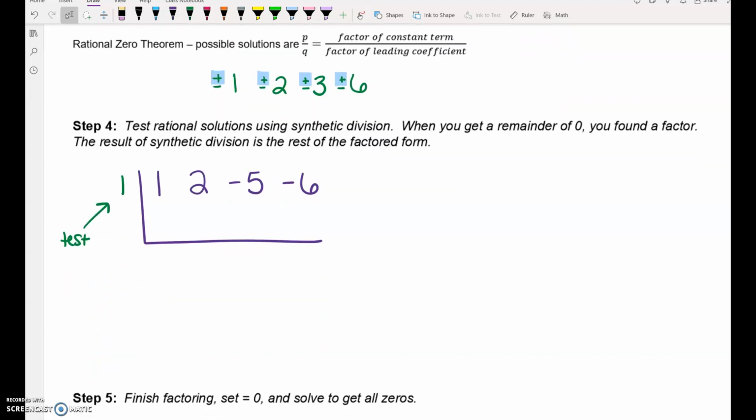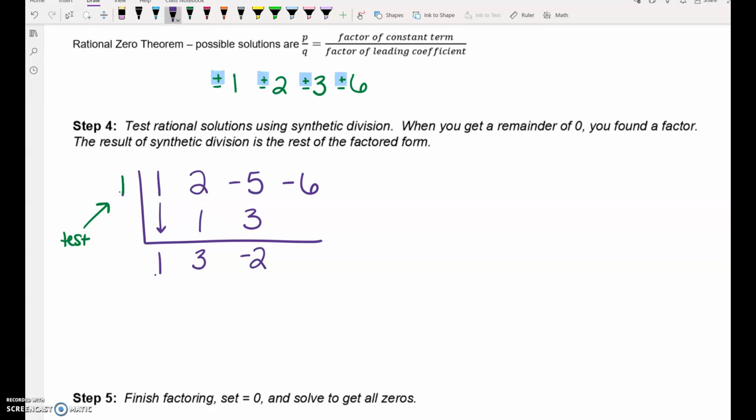Okay, synthetic division. Drop your first number down. Do you remember the steps for synthetic division? Multiply the 1 times the 1 to get 1, and then add. 2 plus 1 is 3. Multiply 1 times 3 to get 3. Add to get negative 2.